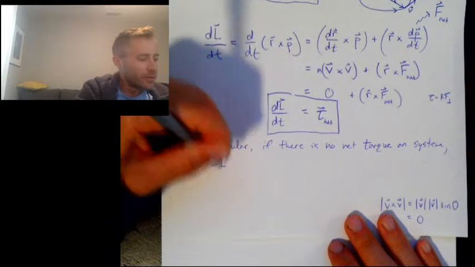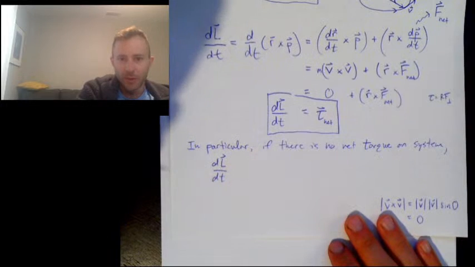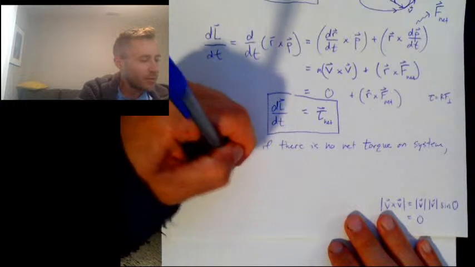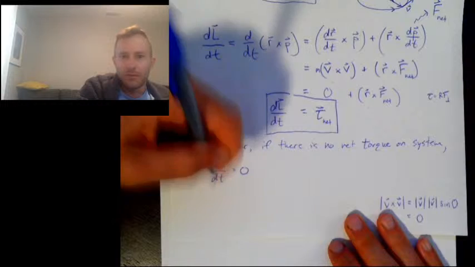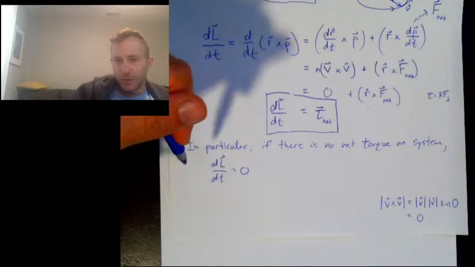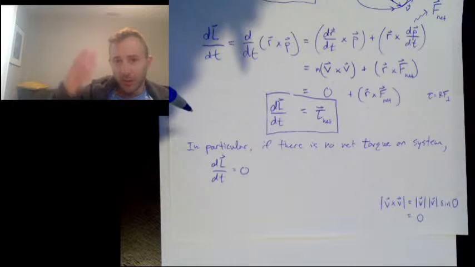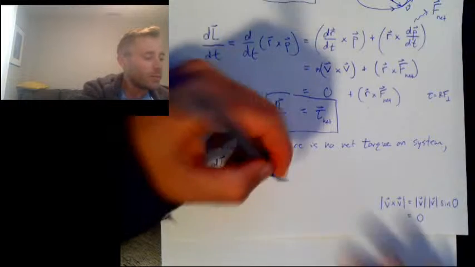So that means that dL/dt, the derivative of the angular momentum with respect to time, is 0. Who knows what it means if you have a 0 time derivative? What's another way of saying that you have a 0 time derivative?